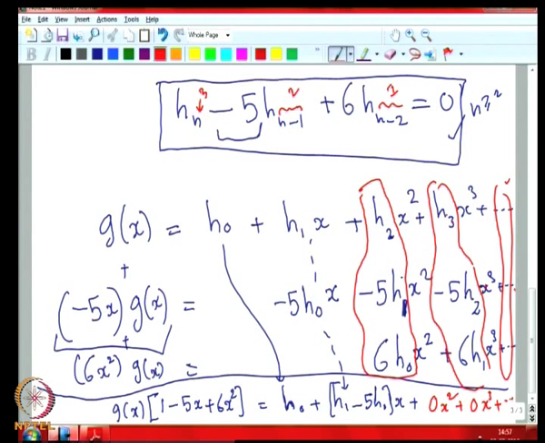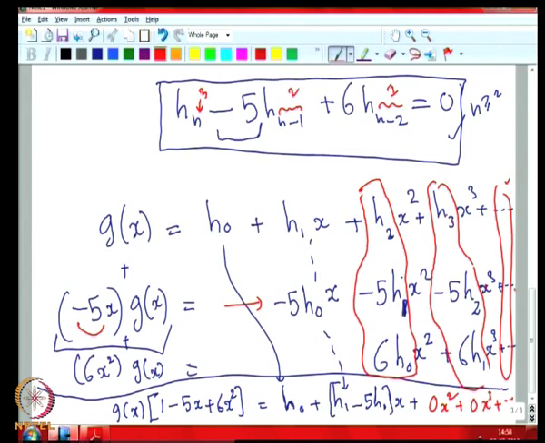Because that is the way we have arranged, right. So, for instance, we were multiplying by 5x here, so that minus 5x, so that we pushed it one side. So for an hn term here, hn x raised to n will be here. Then just below that will be hn minus 1 into minus 5, right.